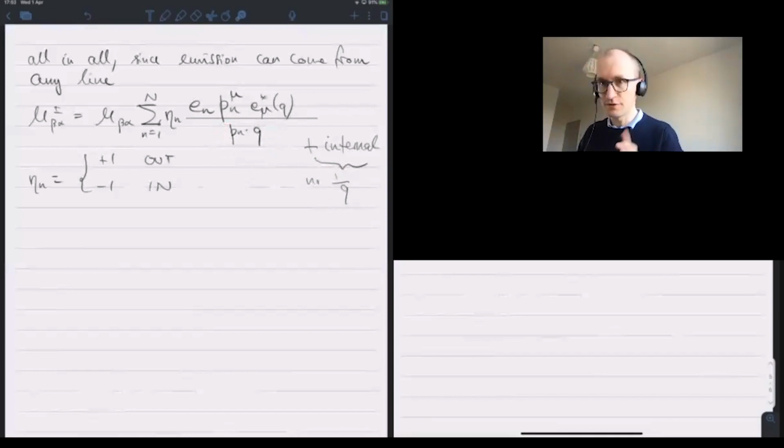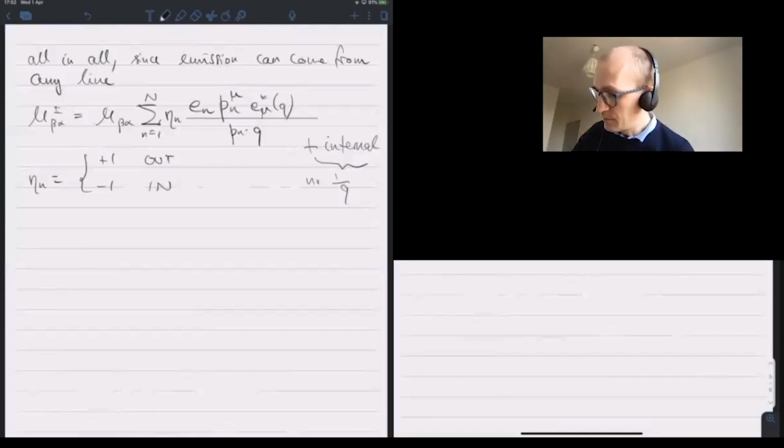Well, that's because it was crucial for the particle to go on shell in order to get the 1/q factor, because that's why everything else canceled out. And for the internal lines, they do not go on shell, and so there is no reason for this 1/q singular behavior. So that's why, as I actually already said earlier, you get away by just looking at the sum over emission from all the in particles plus emission from all the out particles with that relative sign.